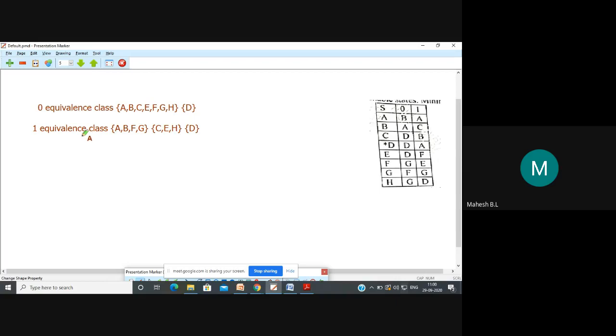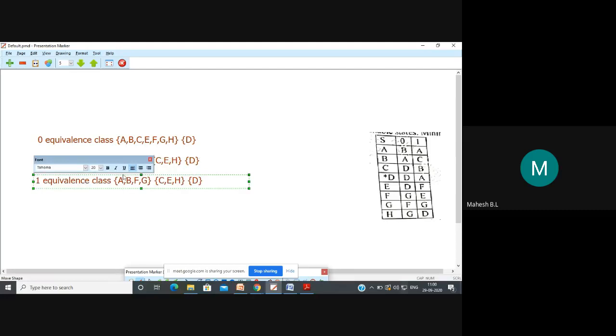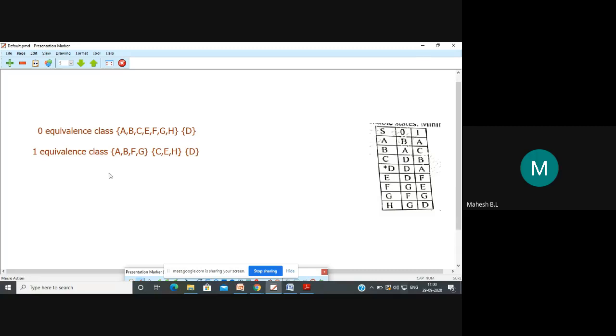Then consider the next equivalence class. First, we'll check whether this can be partitioned further: A, B, F, G. A goes to B, A; B and A are in the same class.